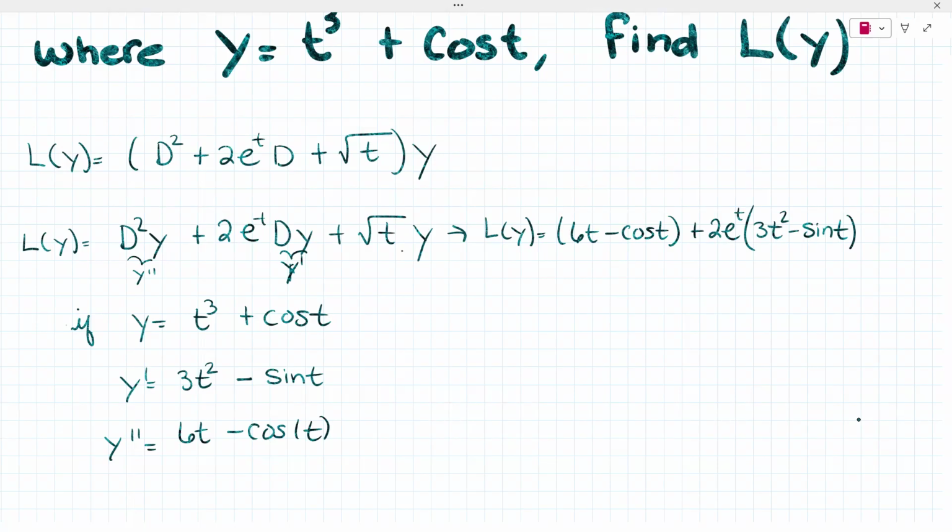And then over here, it's plus square root of t times y, so that's going to be plus square root of t times t cubed plus cosine of t. Okay. So this is L of y.